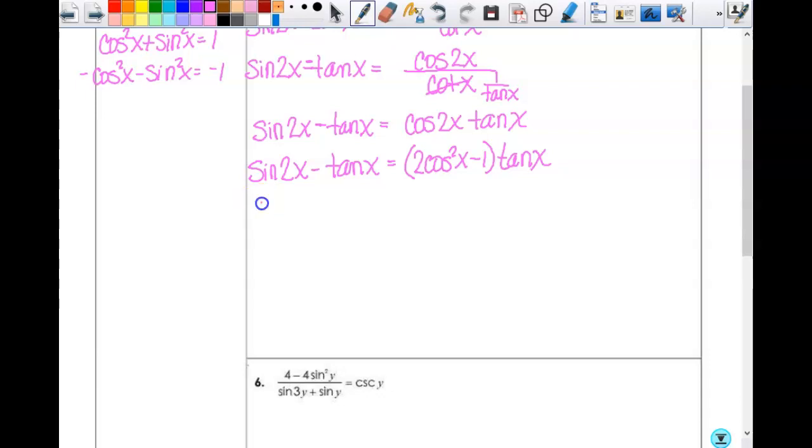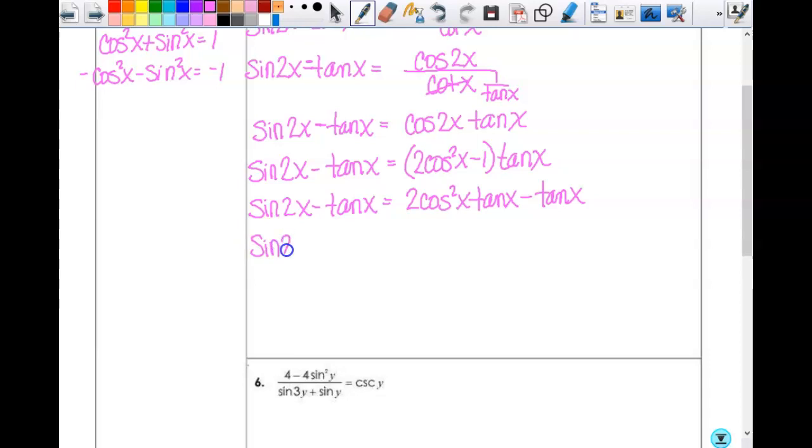So now I'm going to distribute. I'm going to rewrite the left side. Sine 2x minus tangent x equals. Now I'm going to distribute that tangent. So this is 2 cosine squared x tangent x minus tangent x. So we're getting closer, right? I think I need that cosine and I need that tangent into its reciprocal that's multiplied right here.